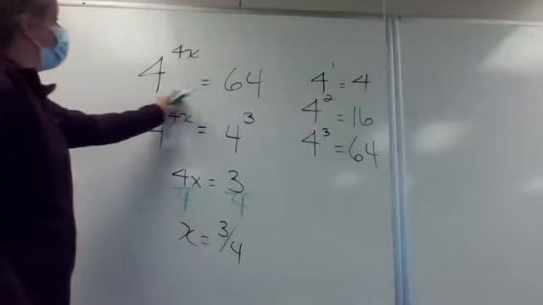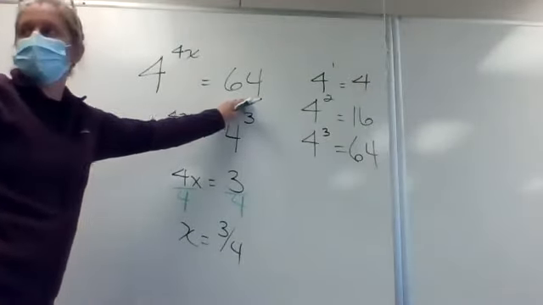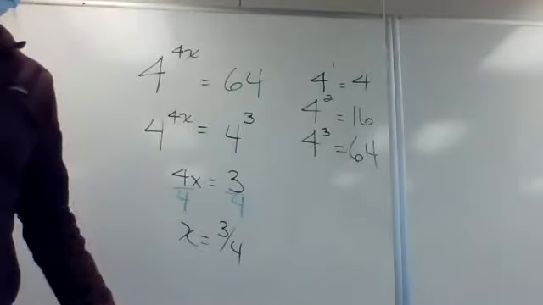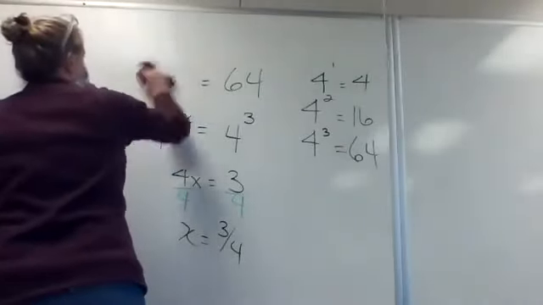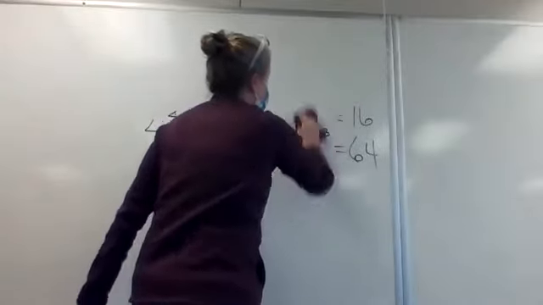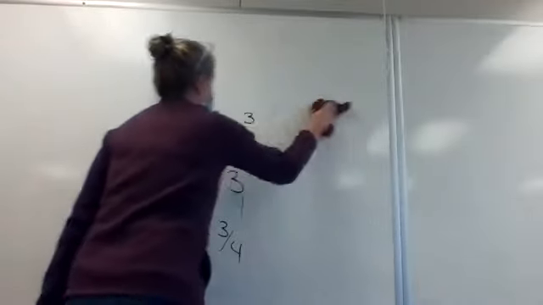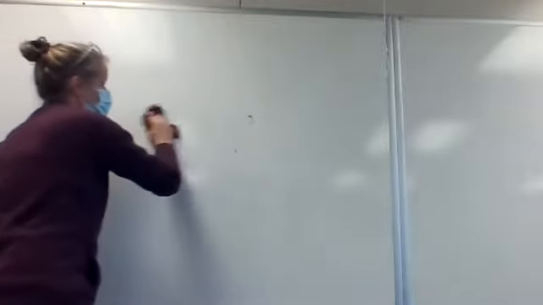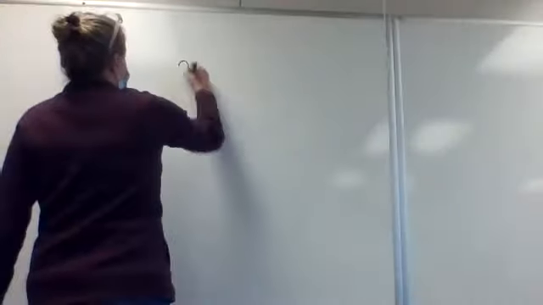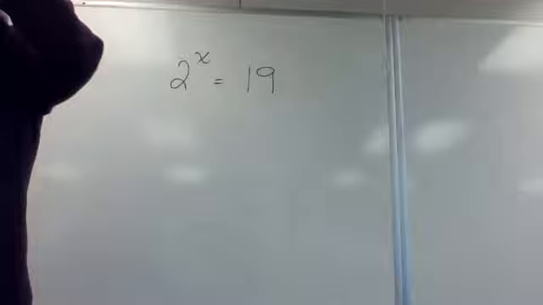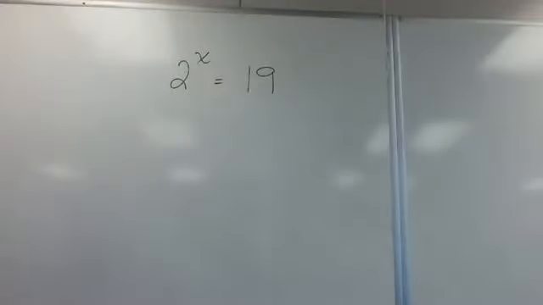But what if this is not the case? You're not always going to be able to rewrite the other side so that they have the same bases. So let's look at what we do in that situation. Say you have 2 to the x power equals 19.